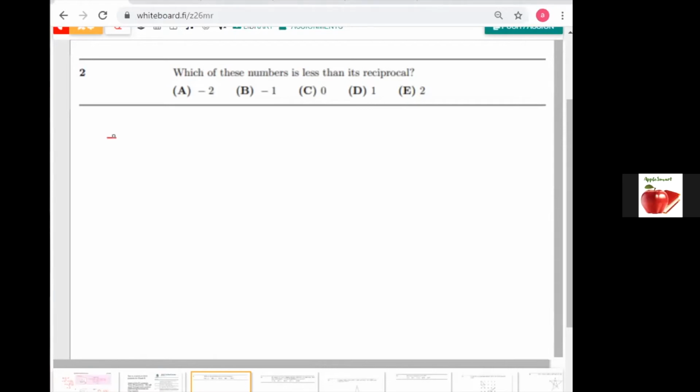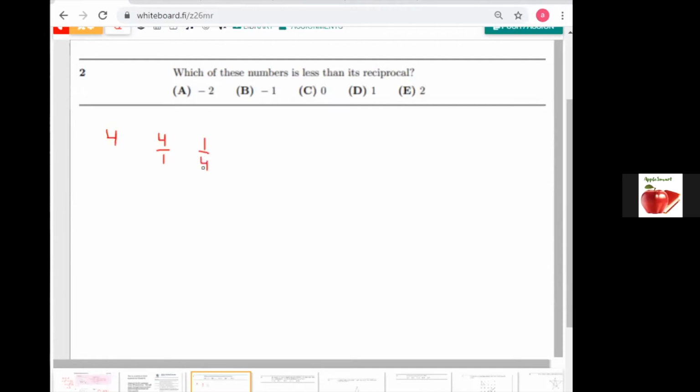So reciprocal is a switch. I don't know if you know this, but if you have a 4, we write a 4, but it really means 4 over 1, right? It just means 4 over 1. And so a reciprocal is when the bottom and the top switch. So a reciprocal of 4 is 1 over 4.